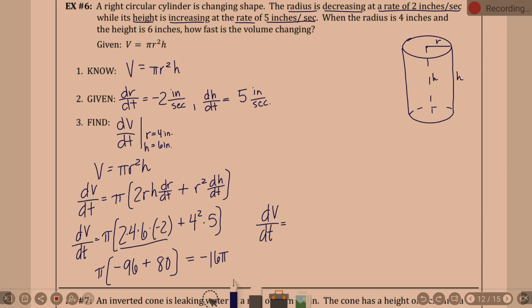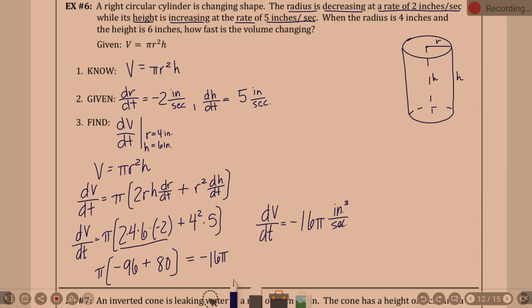I don't know. If it's a free response problem, they're either going to give you a direction or they're going to take either, because it's equivalent either way. So negative 16 pi. dV/dt means we have a label of cubic inches per second.